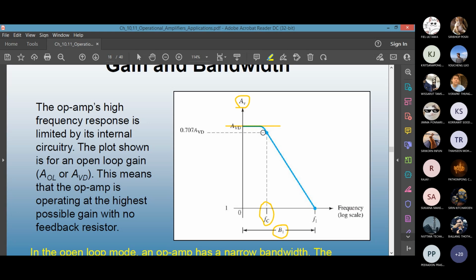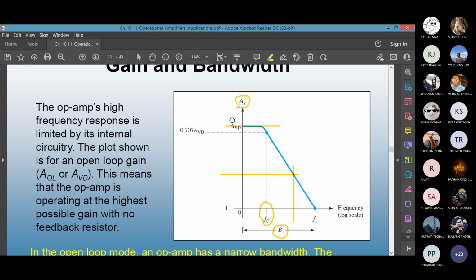The gain has gone down a bit. It's now 70% of what you have. If you had 10,000, this is like 7,000. If you have 100, this is 70. But usually we have even less gain because from 0 to FC, bandwidth is still small. Maybe you want somewhere around this area. And the gain may be half times your open loop gain.